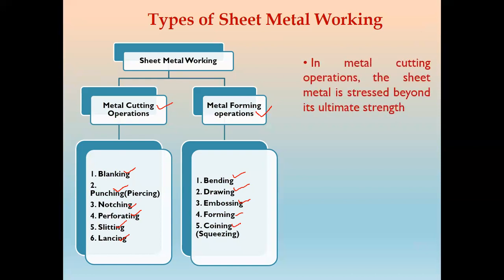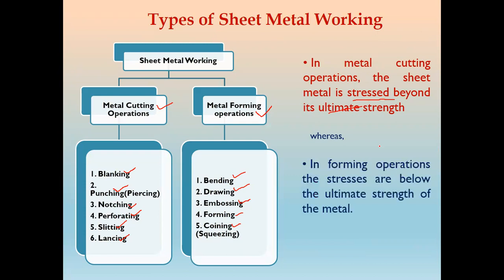So in metal cutting operations, the sheet metal is stressed beyond its ultimate strength. So we apply a force or stress such that it goes beyond the ultimate strength, and then that will cut the metal. Whereas in sheet metal forming, the stress, or we can say force per unit area, which is called stress, is below the ultimate strength of the metal.